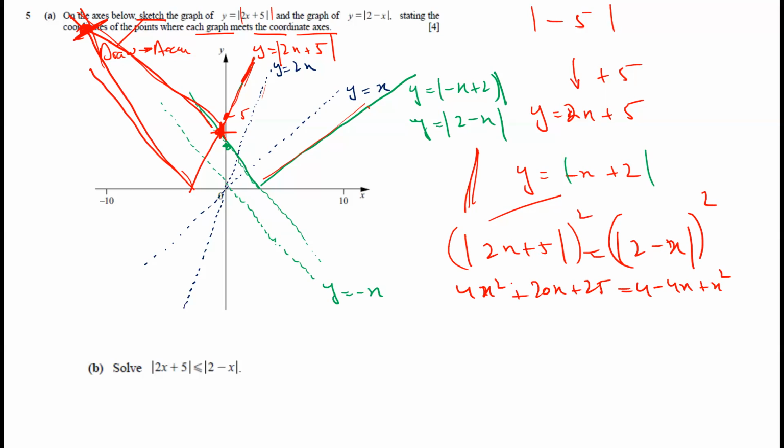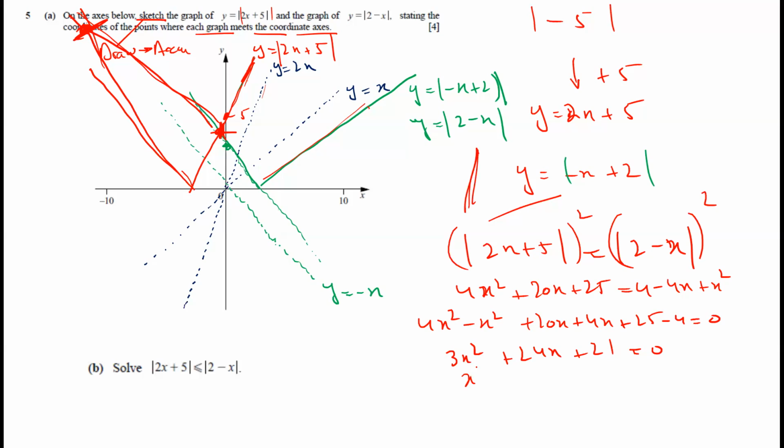If we bring all of this over here, this will become 4x squared minus x squared plus 20x plus 4x plus 25 minus 4 equals 0. So 3x squared plus 24x plus 21 equals 0.